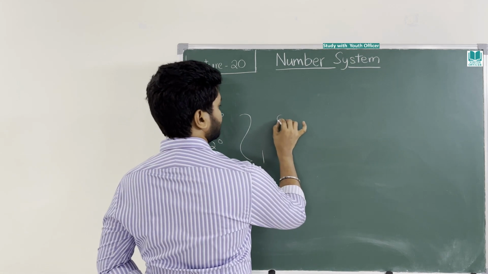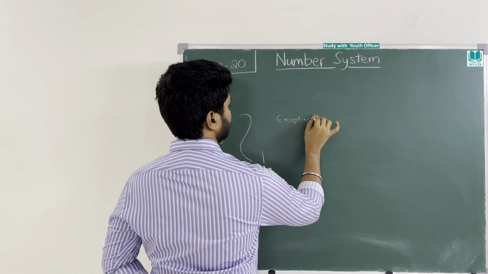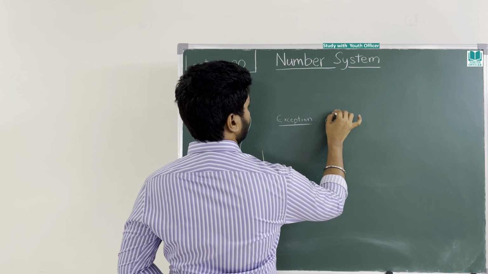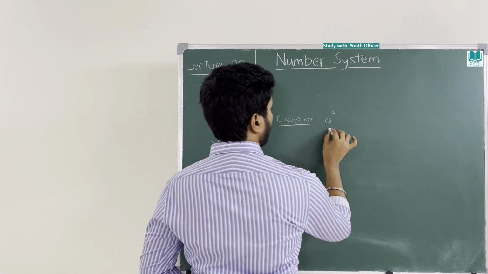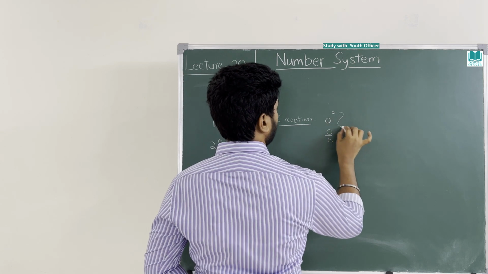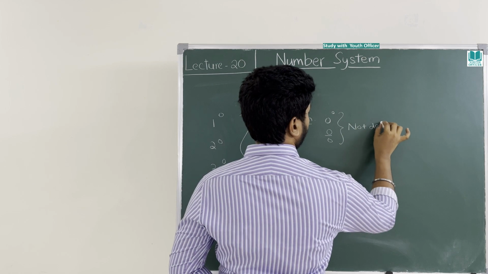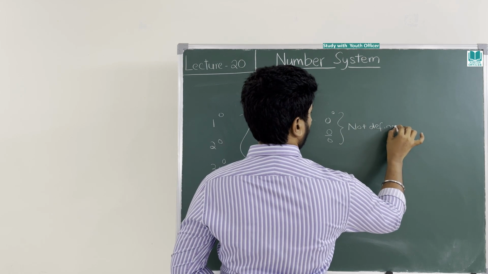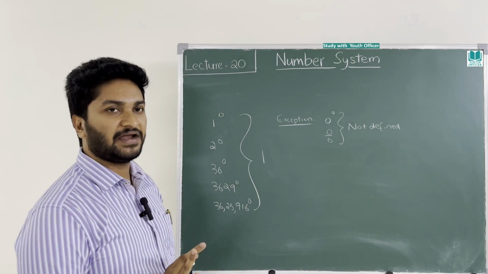Exception is there. The exception is 0 power 0. 0 power 0, or 0 by 0, is called not defined. I already told you 0 by 0 is not defined. 0 power 0 is also not defined.